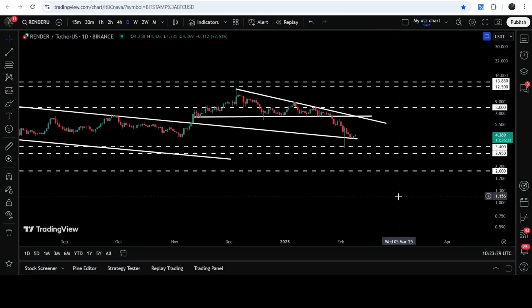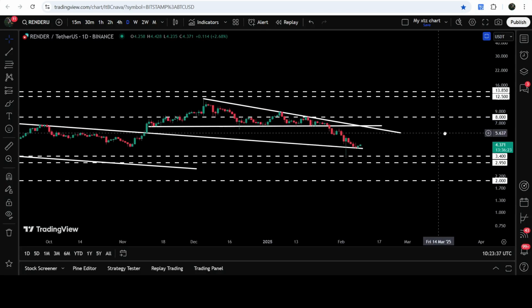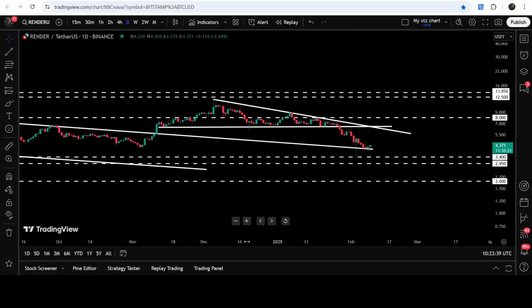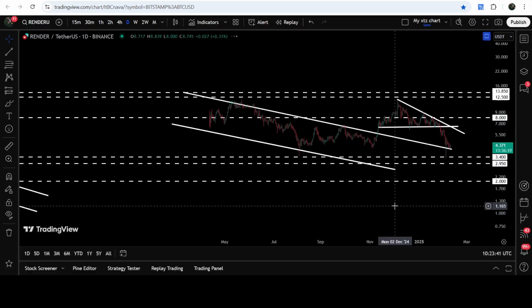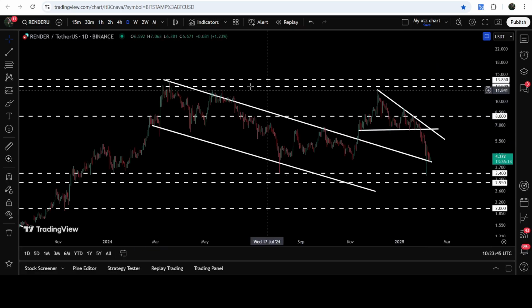If we take a look at the daily time frame chart, you can see that recently for several days, it has been working as a resistance here, support here, resistance here. Again, it can act as a strong resistance for the price of Render. And by the way, the target for the breakout from this recent down channel is here at the top of the channel, somewhere between $12.50 to $13.85.